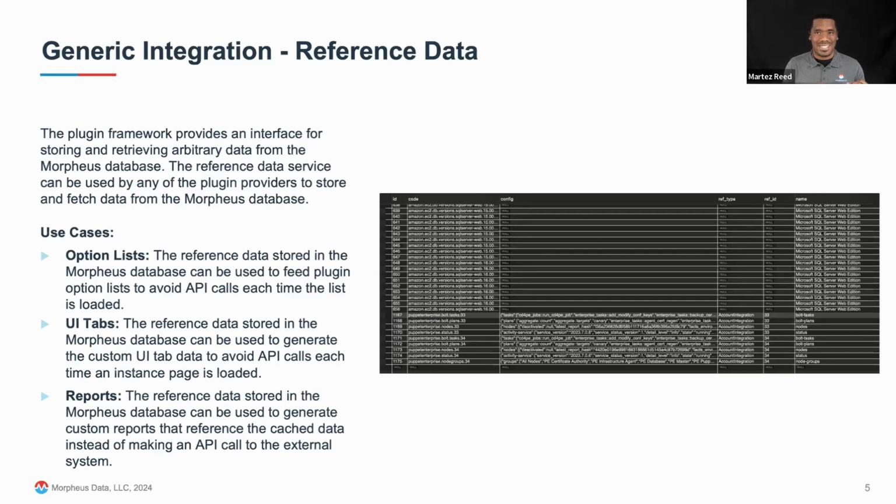And so as part of the syncing or refreshing of the particular integration that I've defined, I can then store that information in the reference data table of the Morpheus database for use later for things like the option list, the UI tabs, reports, and some of the other various places within the Morpheus platform that I want to present information, but it may not necessarily need to be real time, in the sense of I don't need it to be up to date to the second, but within a 10-15 minute window is more than acceptable for a number of use cases, and it reduces the need to make the same number of API calls.